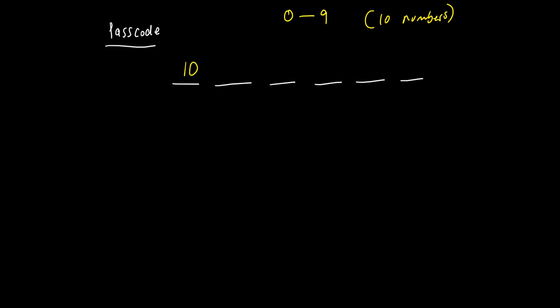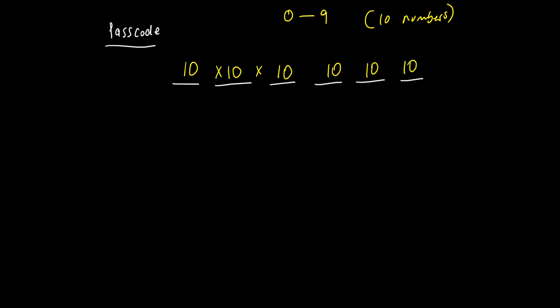I can choose 0, 1, 2, 3, 4, 5, 6, 7, 8, 9. You understand? So I have 10 options. What about the second digit? I can still use any of the 10, because these digits are allowed to repeat. Even here, I can still choose from any of the 10, and the next, and the next.